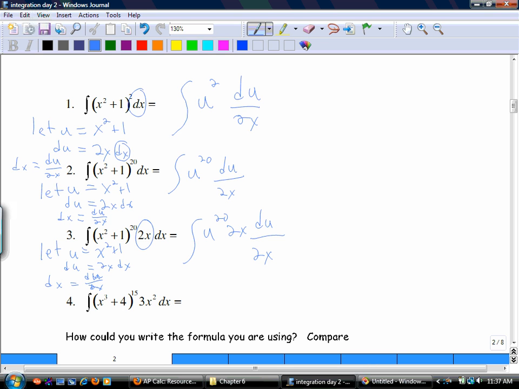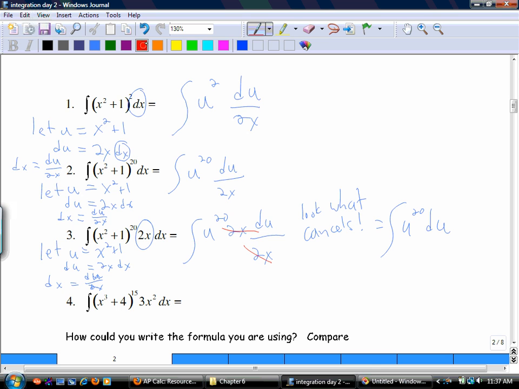Notice anything? Look what cancels. I can cancel off that 2x with that 2x. And now I have the integral of u to the power of 20 du. Now I can actually integrate it.